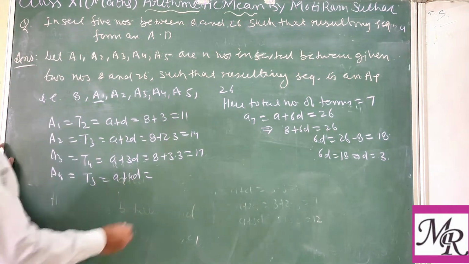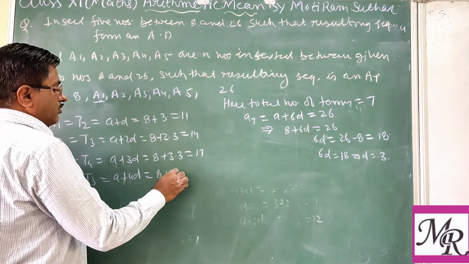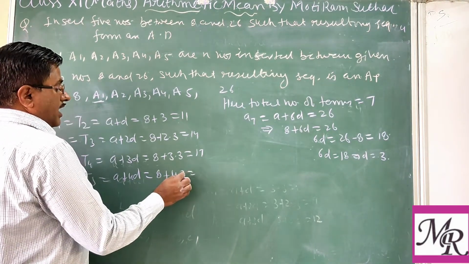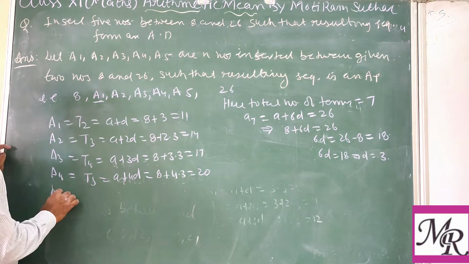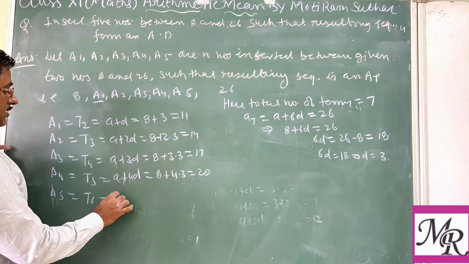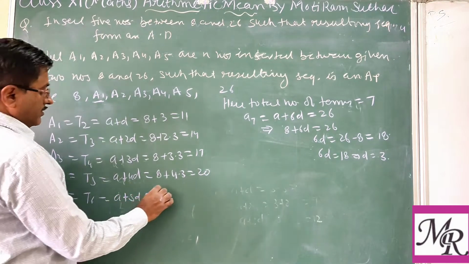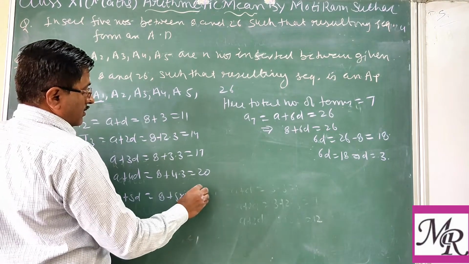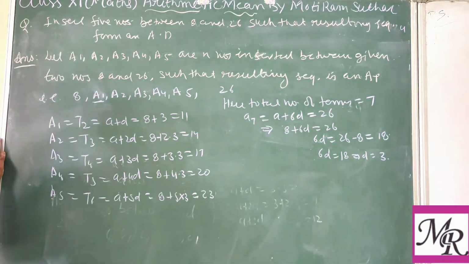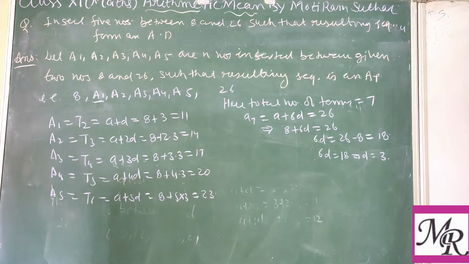A plus 4D, A means 8 plus 4 into 3. So 12 plus 8, 20. Then last, that is the fifth number, T6, A plus 5D, 23.